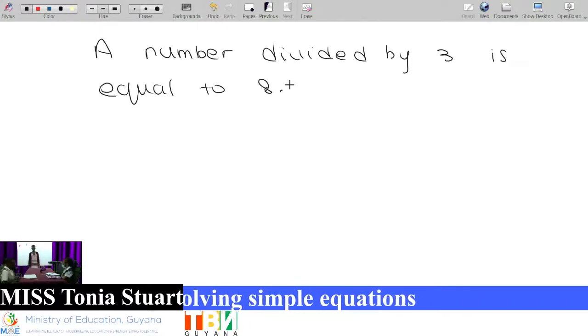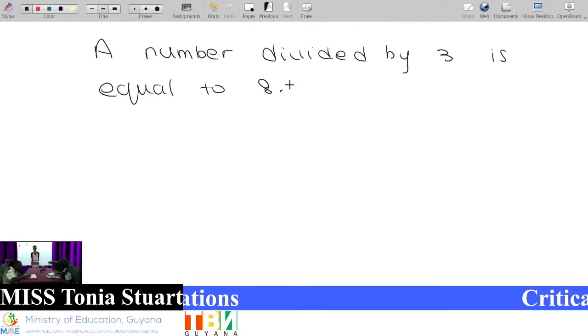Write it down in your book, how you interpret it.